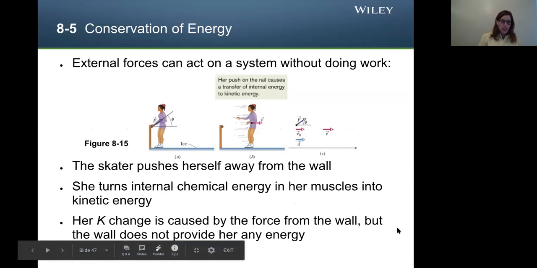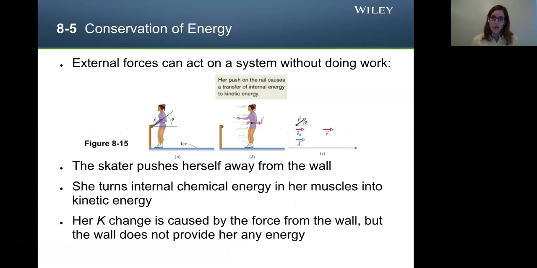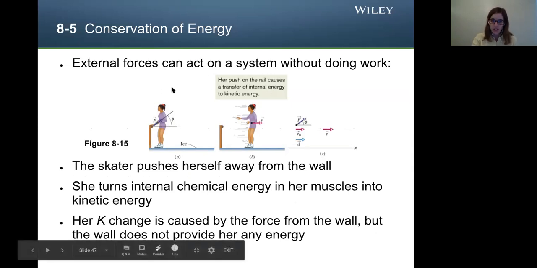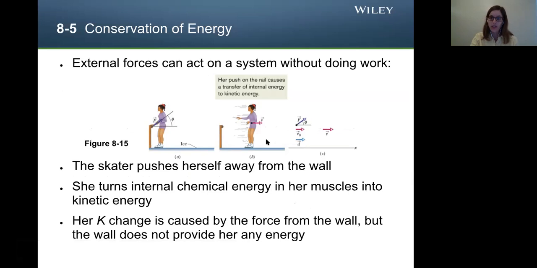Now, an interesting side note here is external forces can act on a system without doing any work. So an ice skater comes up to the wall and pushes herself off it, and she's clearly a better ice skater than me because she's able to go backwards without freaking out. But she turns her internal chemical energy in her muscles into kinetic energy. So there's a form of internal energy.